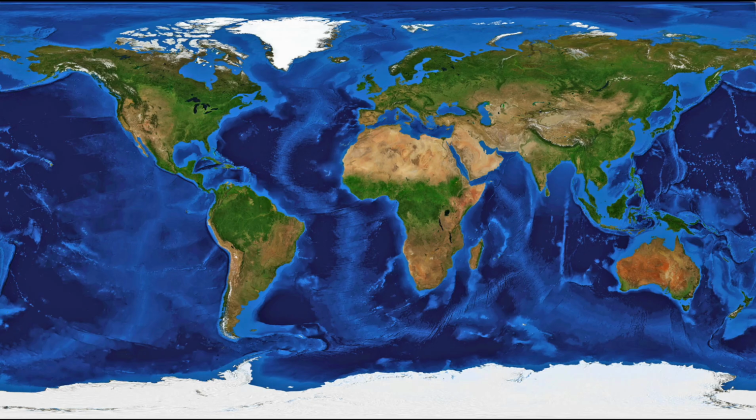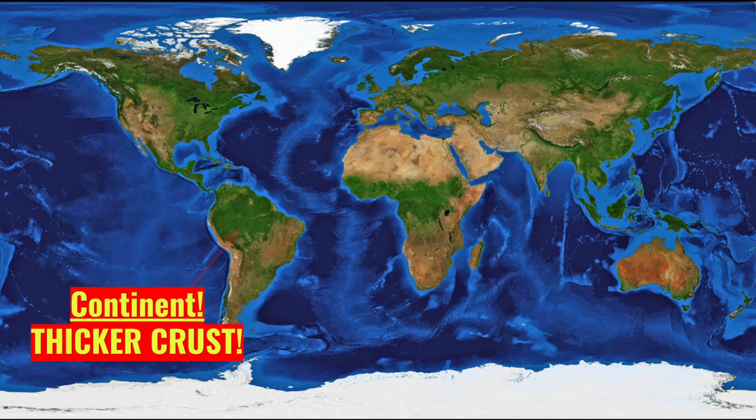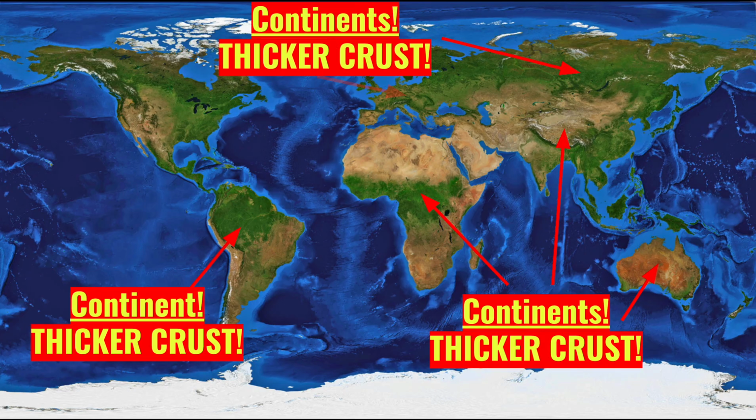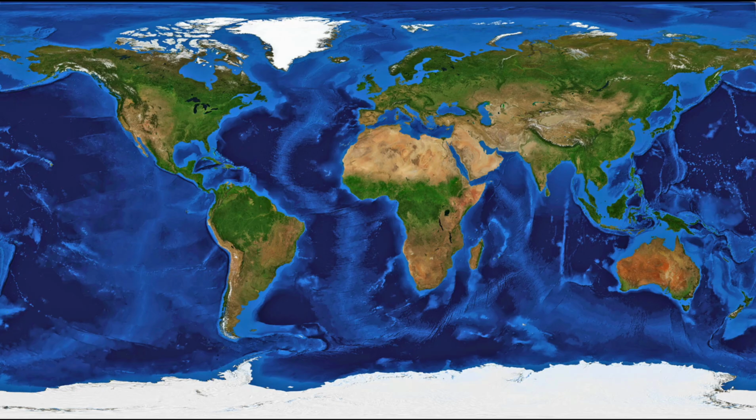Okay, now that you wrote that down, check out this map. This is a standard map of the surface of the Earth. And see these areas right here? We call these continents. But now you know that these continents are actually just thicker slabs of the Earth's tectonic plates, the Earth's crust. And the reason we see them sticking out above the ocean is because they're thicker.